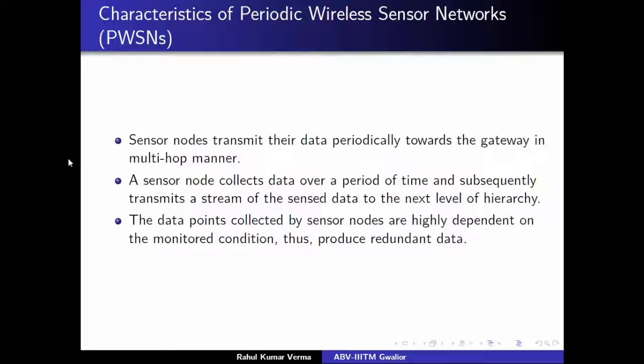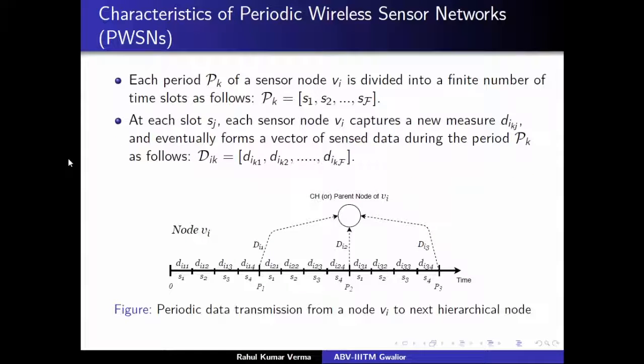We will try to identify the redundant sensed data, eliminate those redundancies, and send only the most appropriate values to the next node, so that the most valuable information reaches the gateway. In that way, we will be reducing the number of messages and the communication costs. This is the overall theme of this presentation.